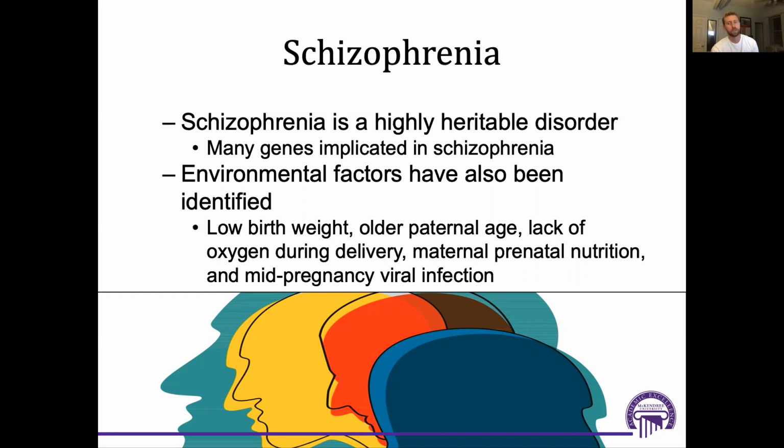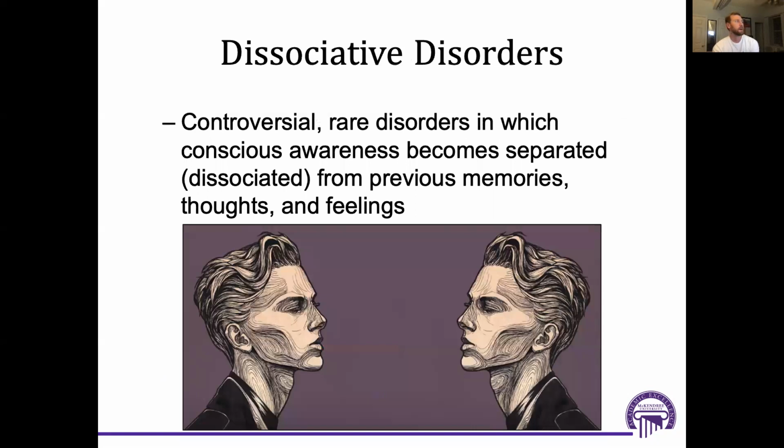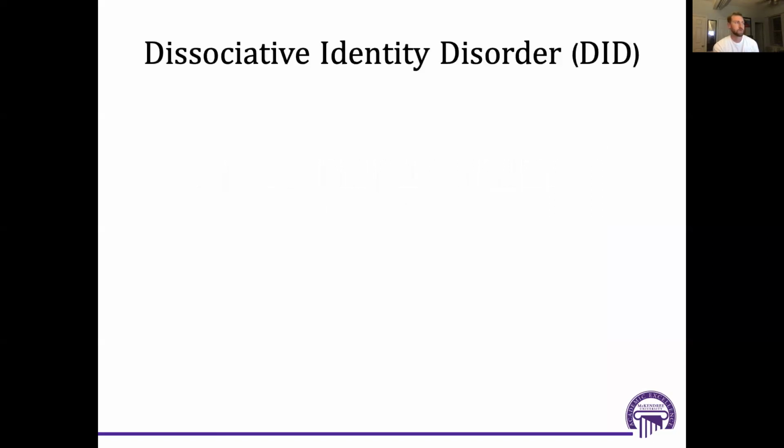So next, let's talk about dissociative disorders. A lot of people are fascinated by dissociative disorders. These are controversial, rare disorders in which conscious awareness becomes separated or dissociated from previous memories, thoughts, or feelings. A type of dissociative disorder that we're going to talk about is dissociative identity disorder, known as DID.